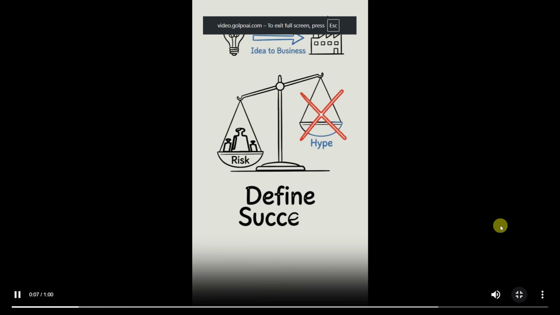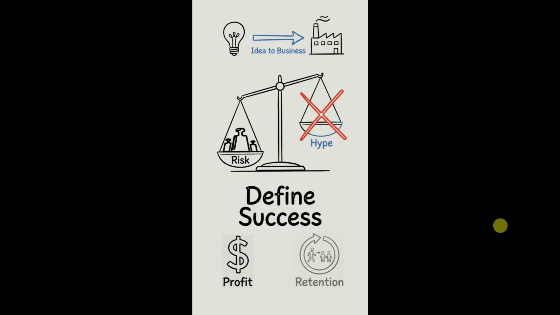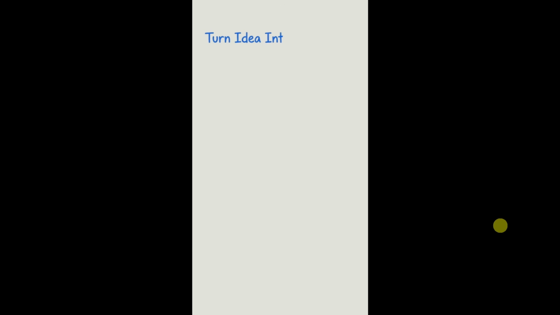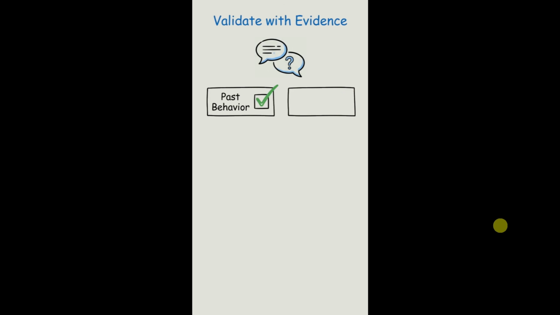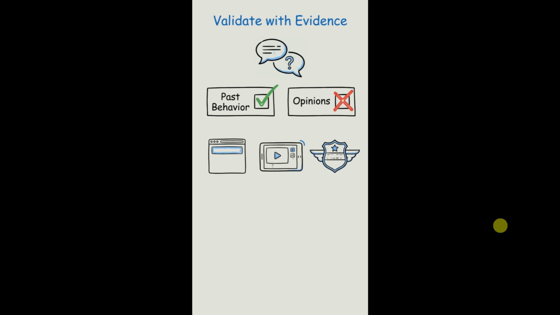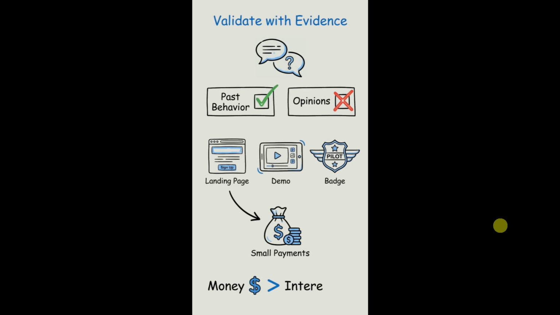Start by defining success as profit from customers who stick around. Then turn your idea into a testable hypothesis: who the customer is, what painful problem they have, how they solve it today, and why they would pay you now. Next, validate with evidence. Talk to customers about past behavior, not opinions. Use landing pages, demos, or pilots, and push for small payments early because money beats interest.